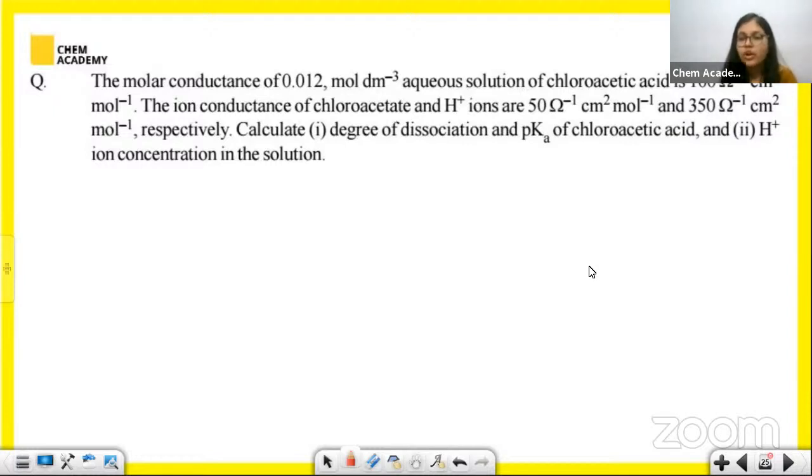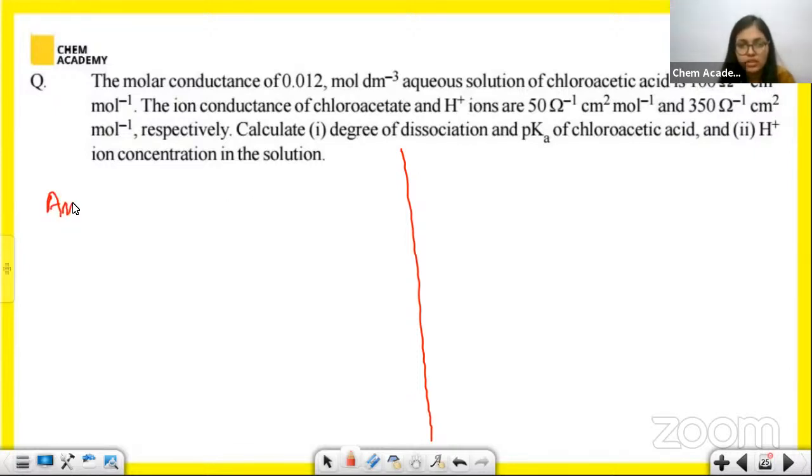So, what do we have here? What have we been given in the question? They have given us over here the molar conductance.